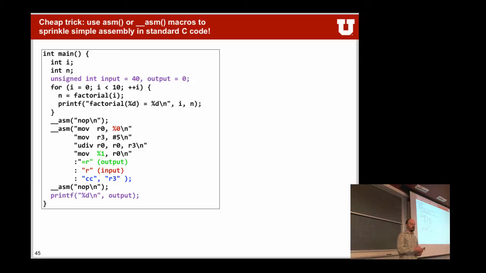So how to do this is with this notation down here, where you can say that you have the different output variables that are stored in a register, you have an input variable that's stored in a register, and you have the clobber list of R3, which is basically the register. You tell it which registers it can use that don't have to mean anything after this execution anymore. So it can use R3 as a throwaway later on. So what happens is output and input are two variables that we have here.